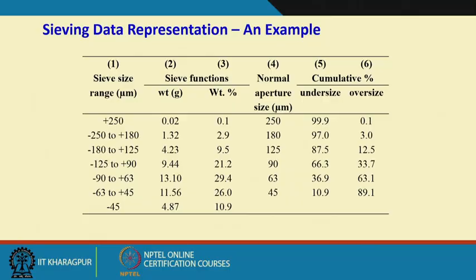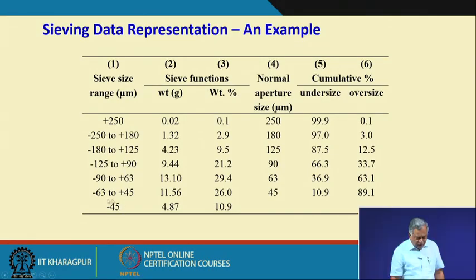We are not telling individually how many particles have a 182 micrometer size or 230 micrometer size. Likewise, when we come to here, we say minus 45 micrometer. That means how much of the material is finer than 45 micrometers.